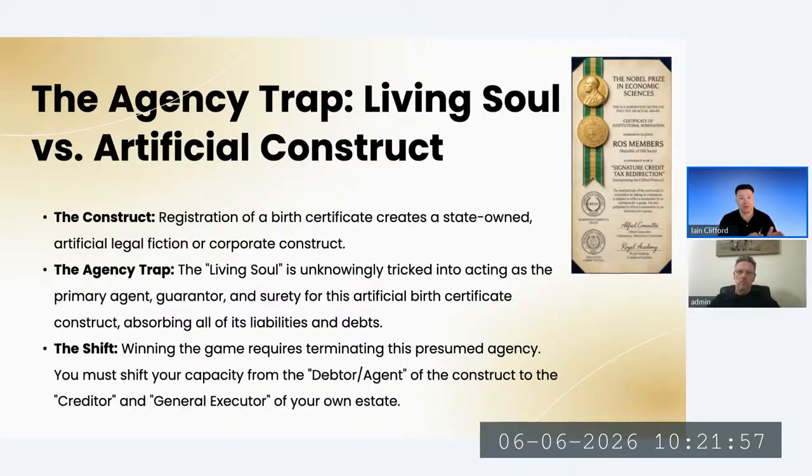This artificial construct is very important because it's the player piece that operates on what I call the monopoly game of commerce. If you picture the scene, you've got the living soul, the man or the woman, who's not playing the game of commerce as the player piece, but as the player. You've got the artificial monopoly board and all the player pieces, which are the straw men, the citizen or the person, and you've got the governments, the countries.